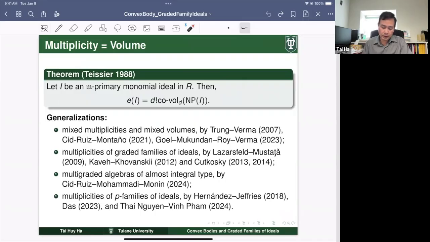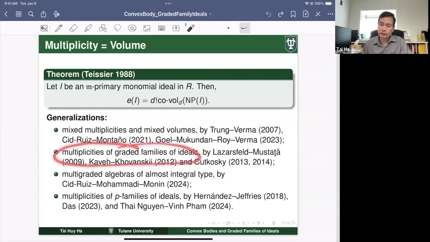So I would point out that here one can look at mixed multiplicity and mixed volumes, and the mixed volume here, of course, is of objects that are defined similarly to the Newton polyhedron.